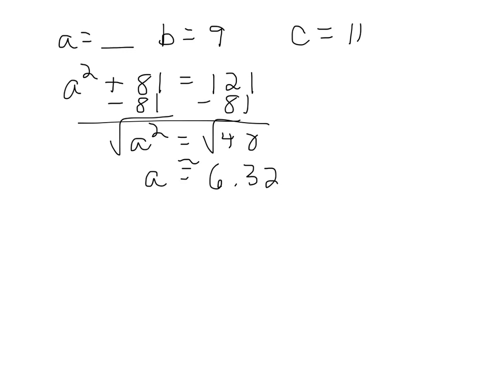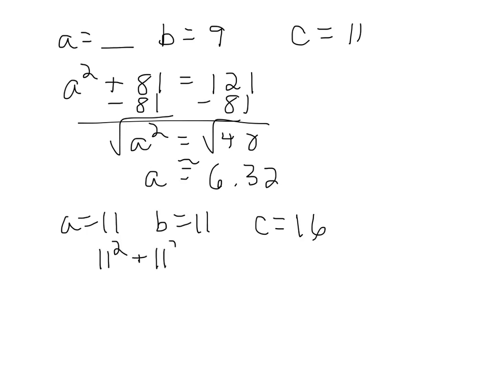So sometimes you have to round to the nearest tenth or hundredth or whatever. The one final thing I do want to say is that if the sides don't equal, if I say a is 11, b is 11, and c is 16, 11 squared plus 11 squared doesn't equal 16 squared.